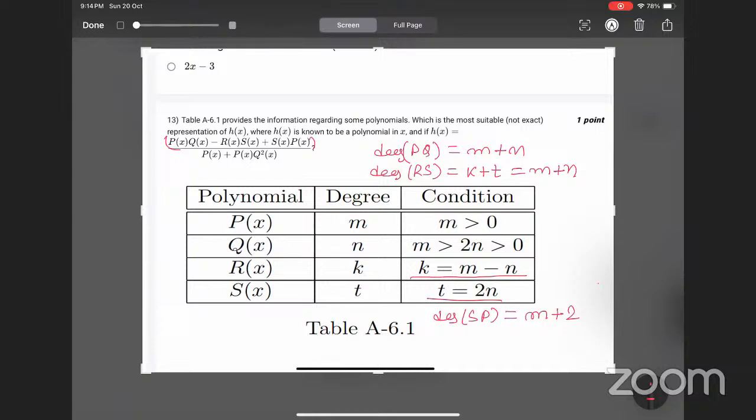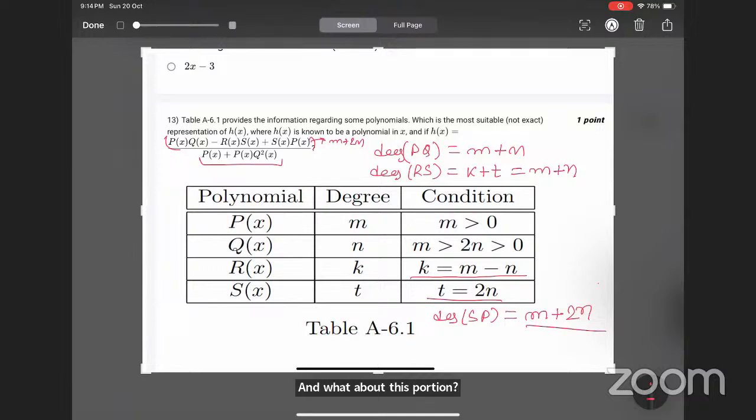So we have three polynomials, and we are just doing addition and subtraction, right? What we know is that in this case, the degree is the maximum degree. And what is the maximum degree? M plus 2N. So the degree of this polynomial is M plus 2N. And what about this portion? Similarly, calculate.